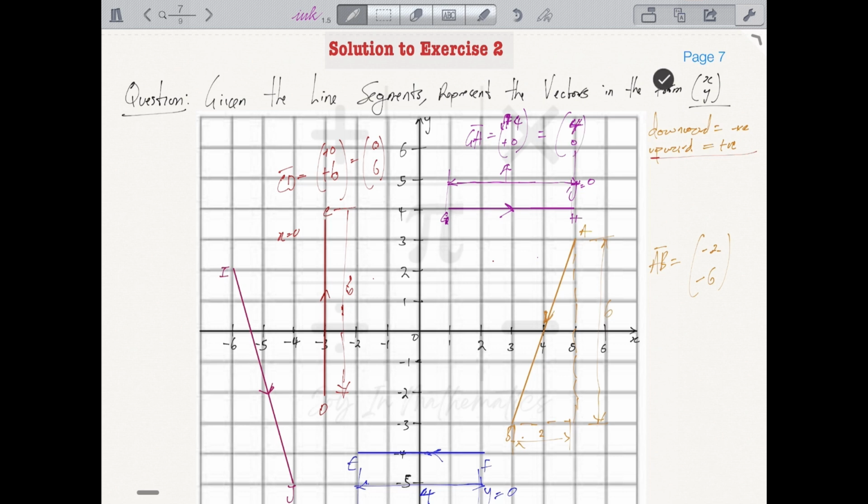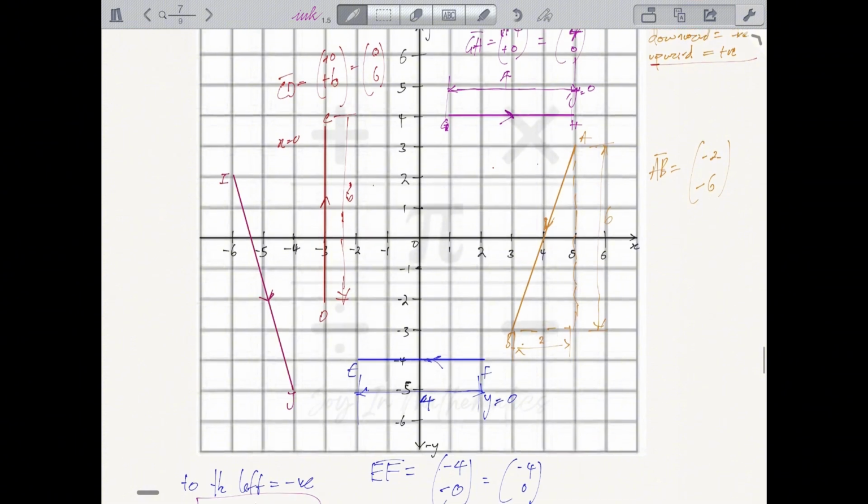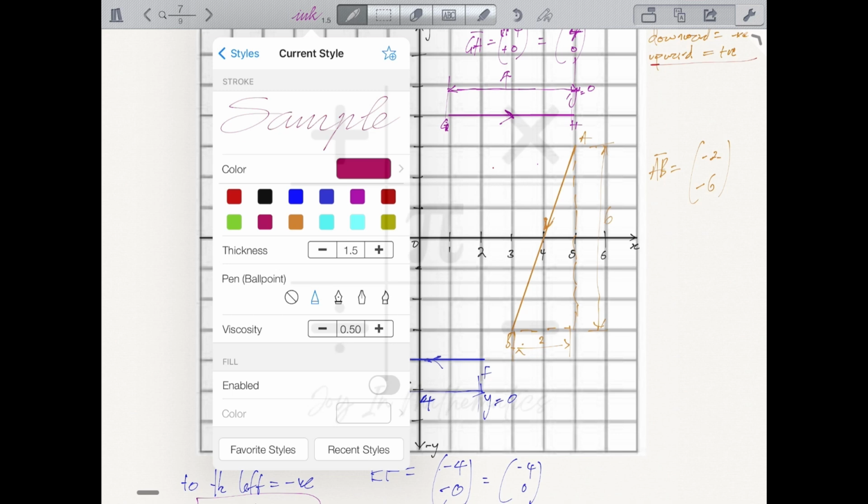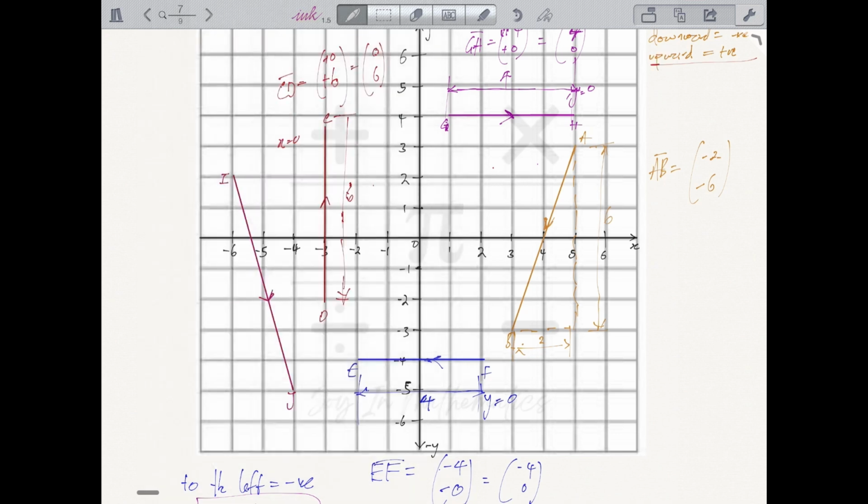And finally, we have vector IJ. This is similar to what we did with AB in the last exercise. How many units on the x-axis? We have 2 units, and on the y-axis we have 5 plus 2, which gives us 7 units.